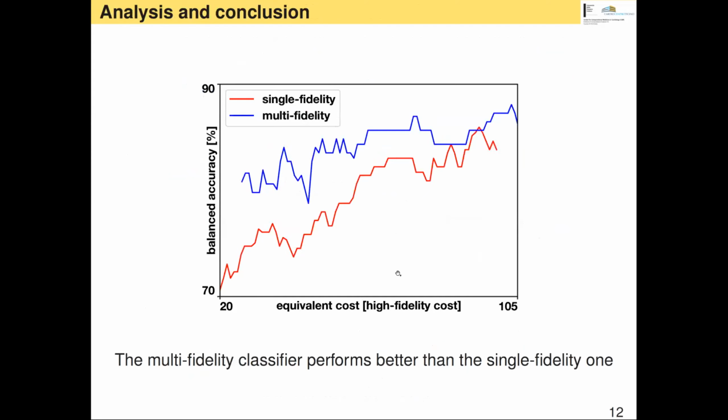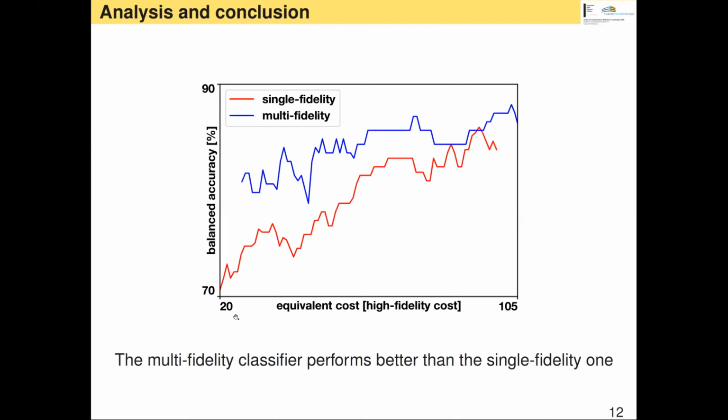The better performance of the multi-fidelity classifier compared to the single fidelity one is also confirmed by this plot, where on the x-axis we have the cost, and on the y-axis we have the balanced accuracy of the corresponding classifier. The blue line refers to multi-fidelity, and the red line refers to single fidelity.